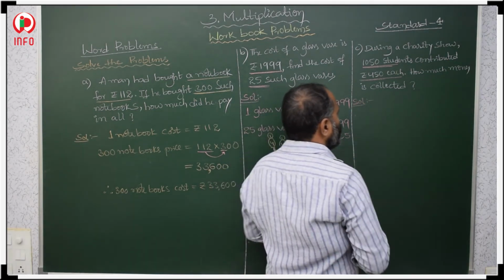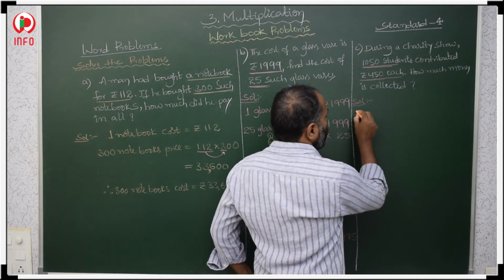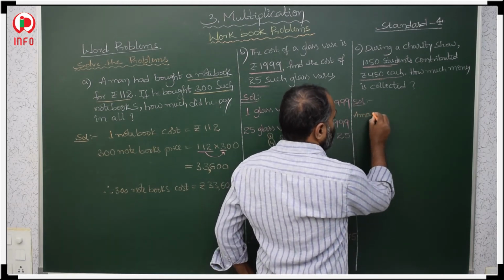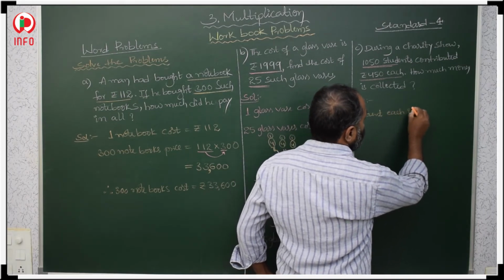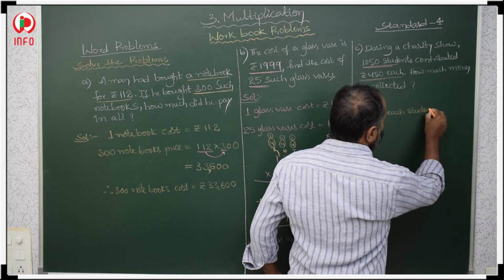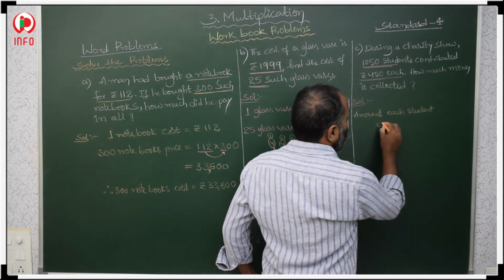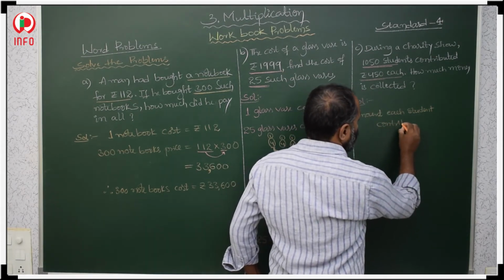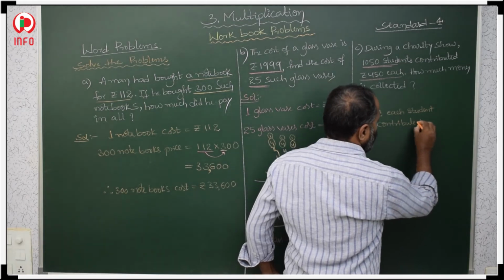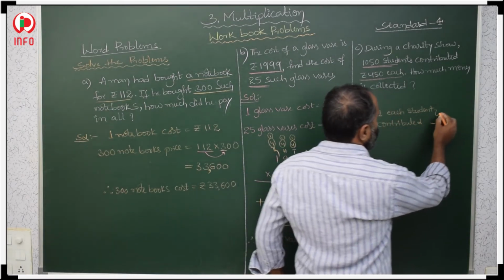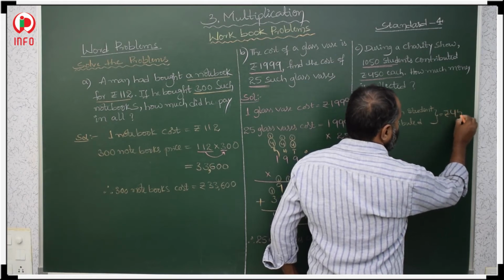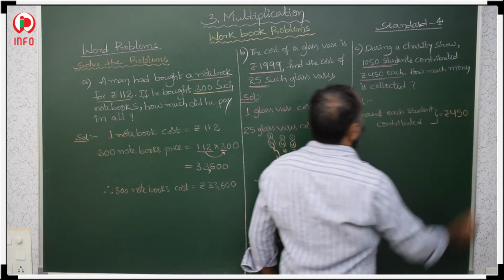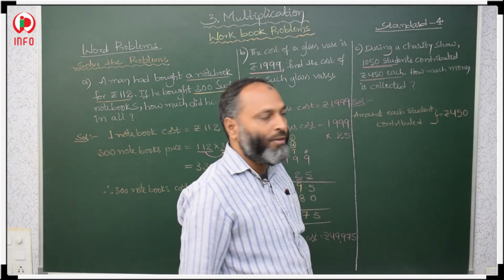Amount each student contributed how much? Rupees 450. Each student contributed 450.